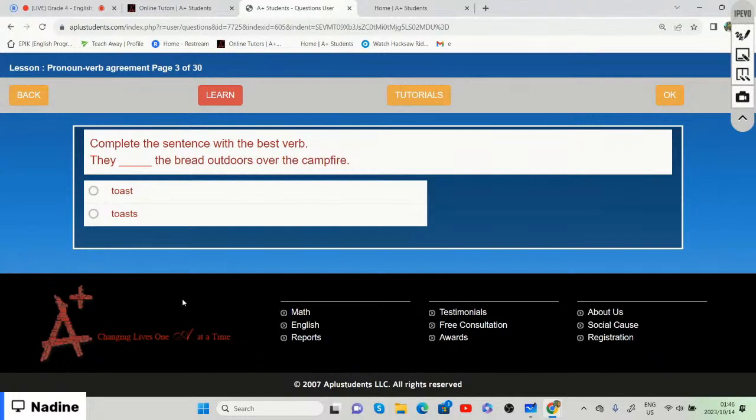Remember we said a singular subject has a singular verb. A plural subject has a plural verb. All right, so we can say they toast the bread outdoors over the campfire. Toast.